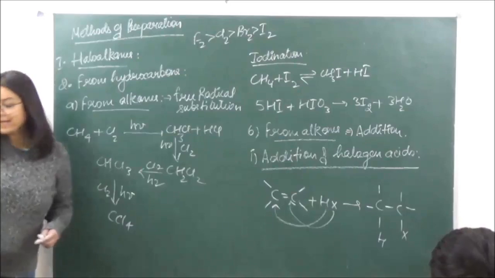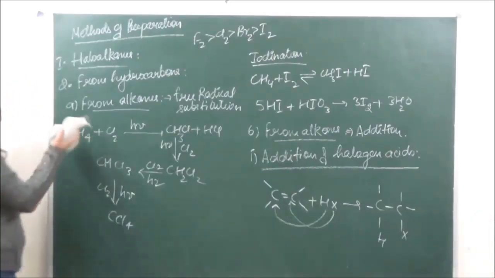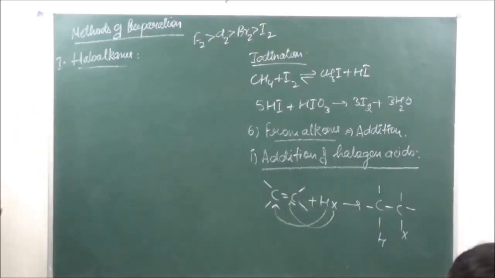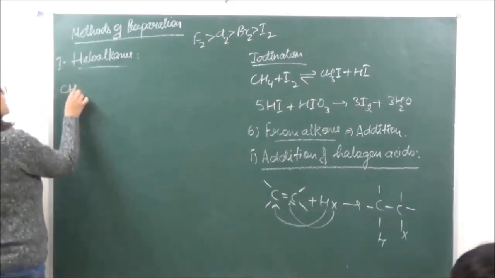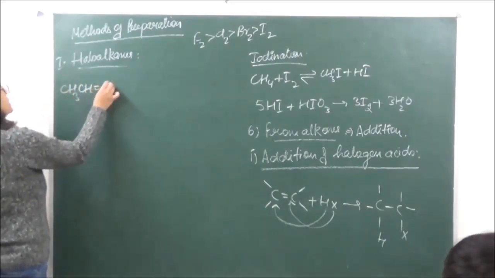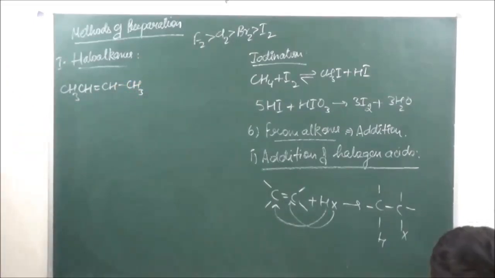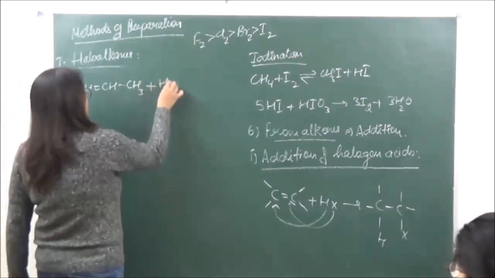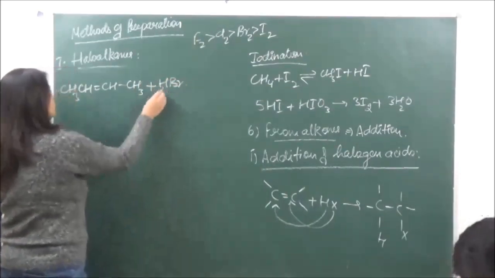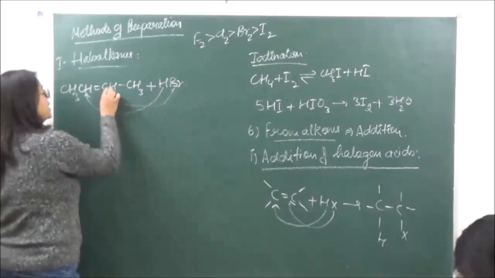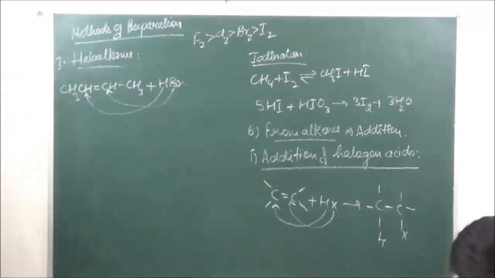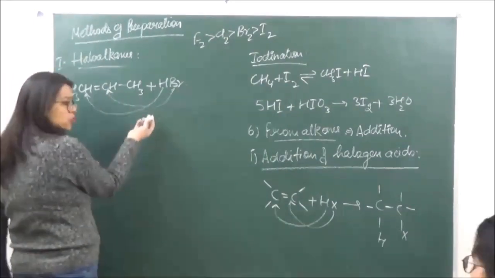So in symmetrical alkenes, the process is going to be the same. Symmetrical alkenes means that on both sides of the double bond there are the same number of carbon atoms present. Okay? Now if we add HBr, it does not matter where the hydrogen attacks and where the bromine attacks. It can attack on either of the two, right?